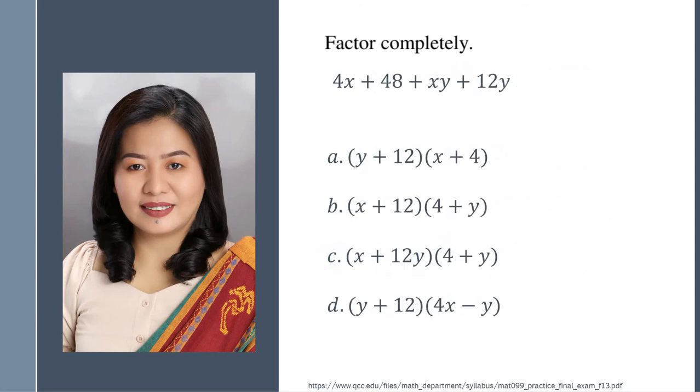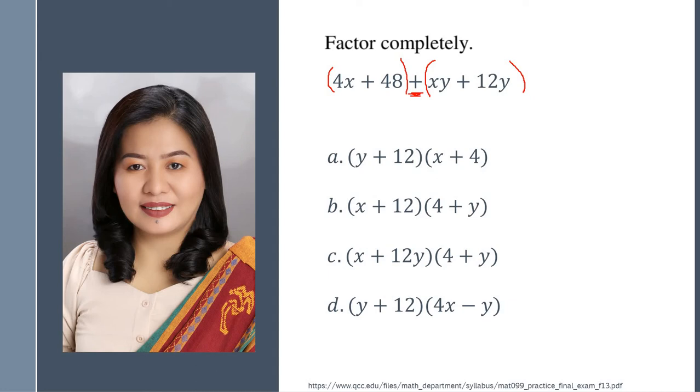Next. Okay. So here there are 4 terms: 4x, 48, xy, and 12. So what we need to do here is we are going to do the factoring by grouping. So we just group them. So when you do the grouping, you'll have to leave the operation in between.